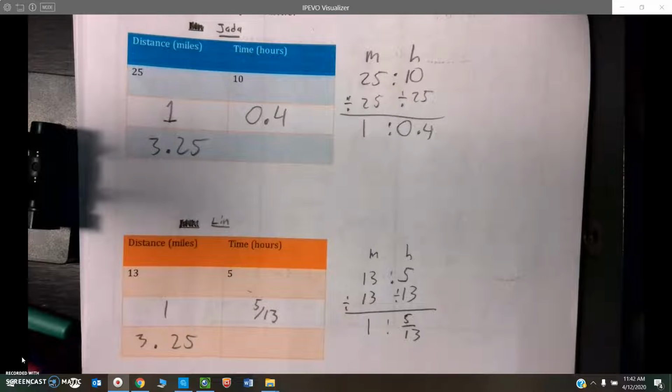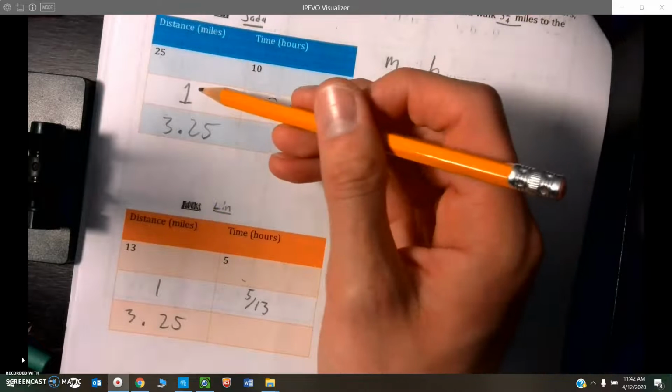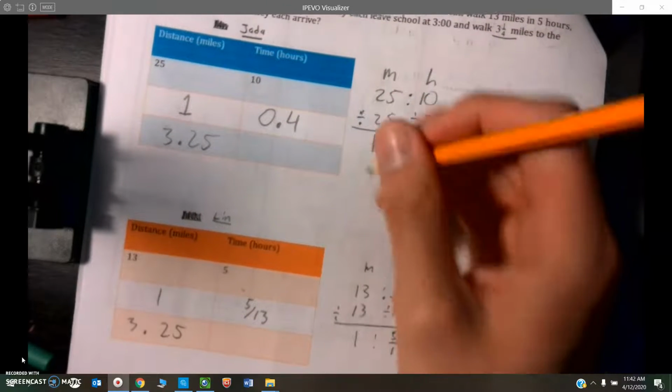Okay, now this should seem pretty simple, because now I need to get from 1 mile to 3 1/4 miles.